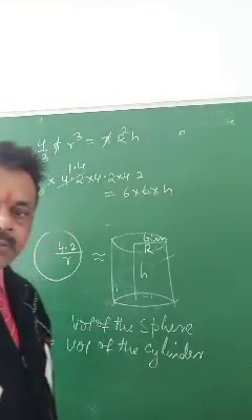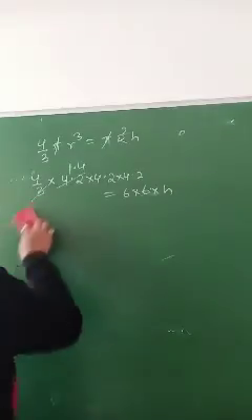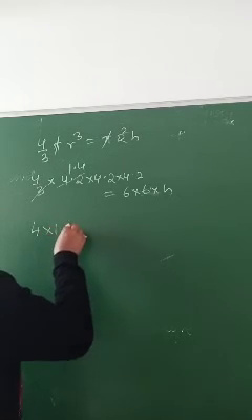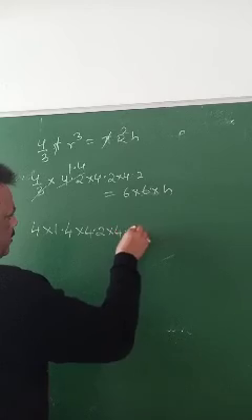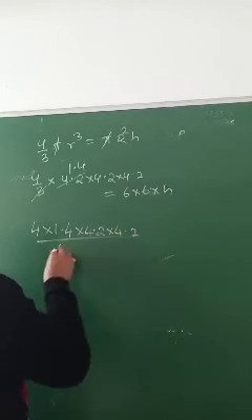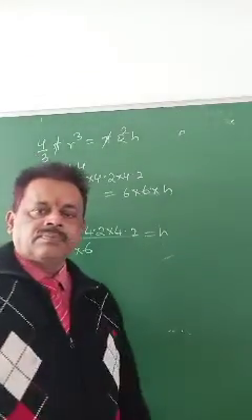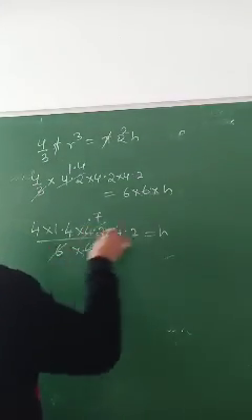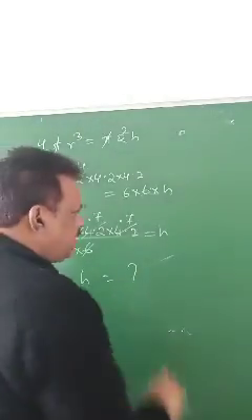Okay. Then 4 into 1.4, 4.2 by 6 into 6 equals h. So 6 cancel 0.7, 6 cancel 0.7. So it is equal to how much? Multiply and find out.